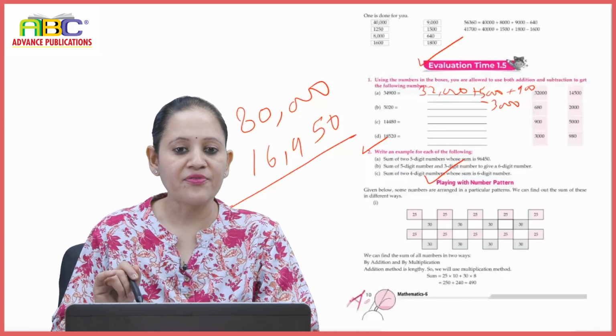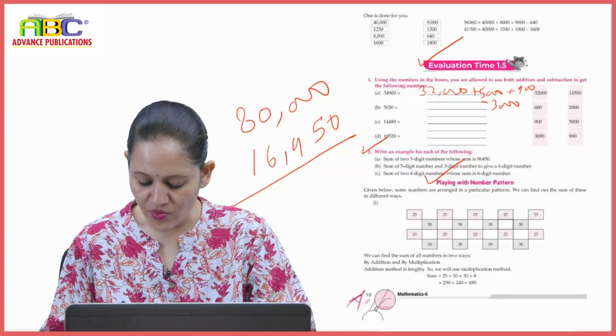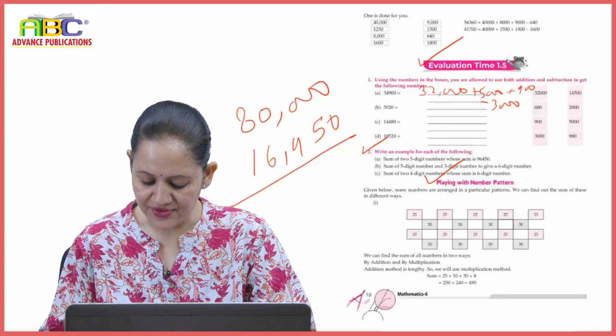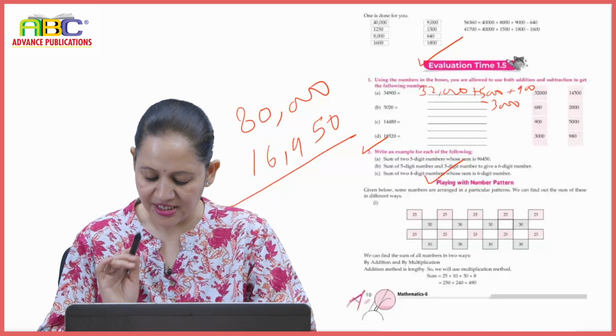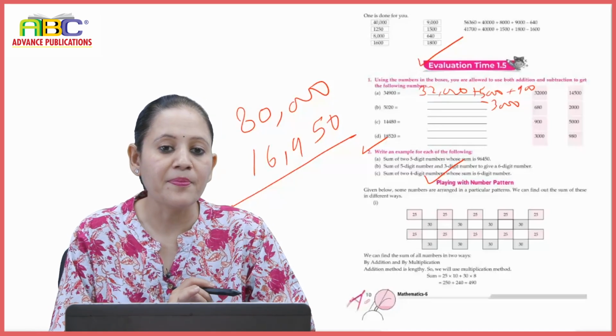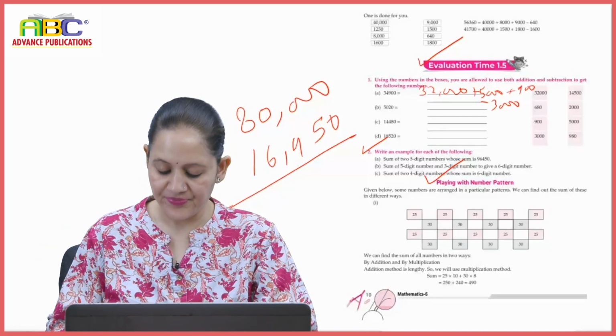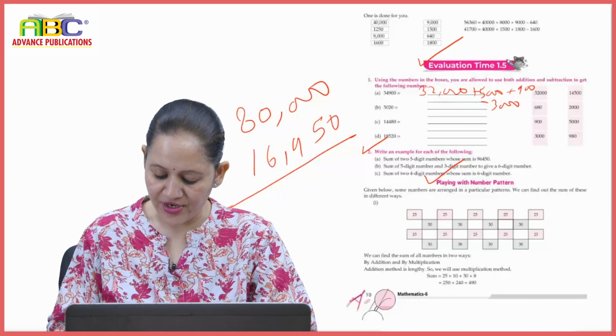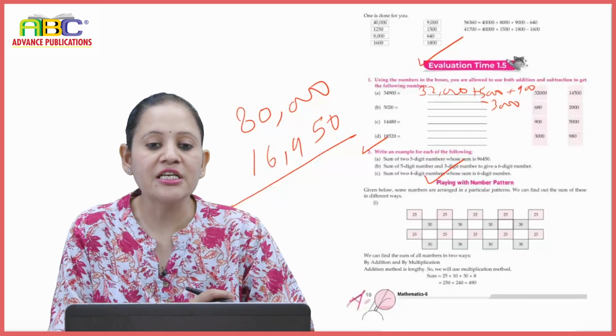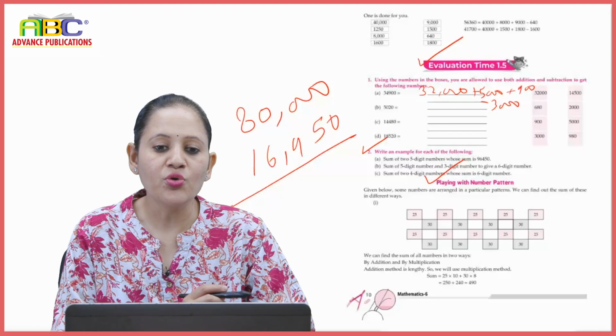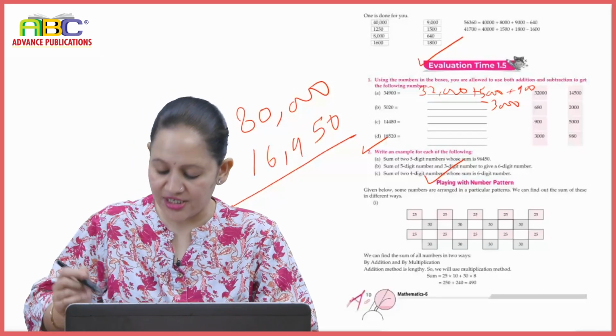How many times is 25 there? 1, 2, 3, 4, 5, 6, 7, 8, 9, 10. So 25 into 10, plus how many times is 30 there? 1, 2, 3, 4, 5, 6, 7, 8. So 30 into 8. 250 plus 240, that is 490. Clear? So like this we can find out the sum.